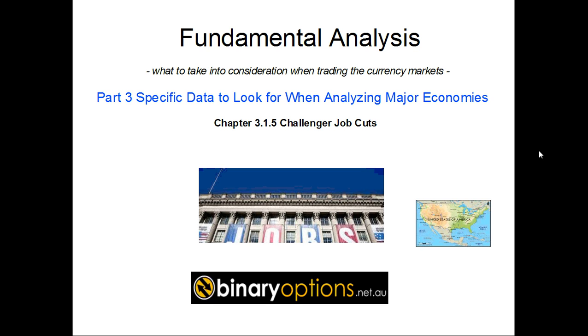indicator. First of all, it is second tier data, meaning volatility is not that high surrounding the challenger job cuts release, with the exception that we are having quite a drastic change when comparing the actual result with the estimated one.